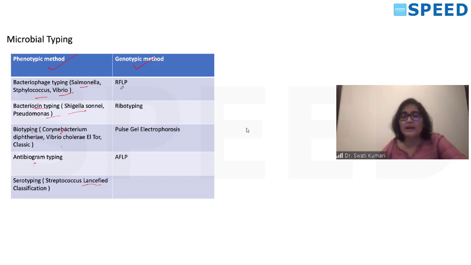In genotyping, you have restriction fragment length polymorphism, RFLP. Then you have ribotyping and pulsed-field gel electrophoresis. Then you have sequencing also. You have sequencing techniques to know the whole sequence. You can do whole genome sequencing to look for any mutation in the bacteria.